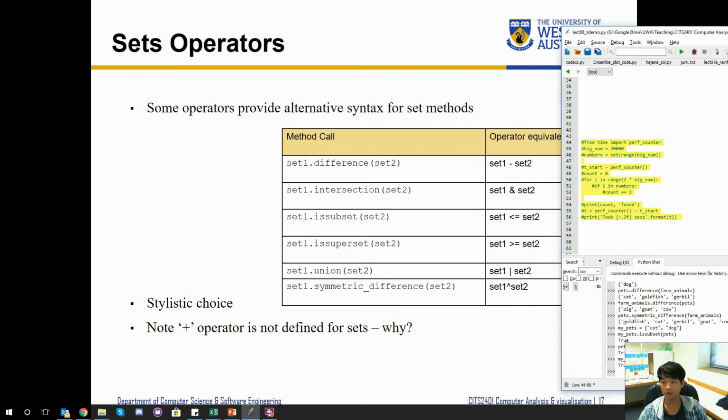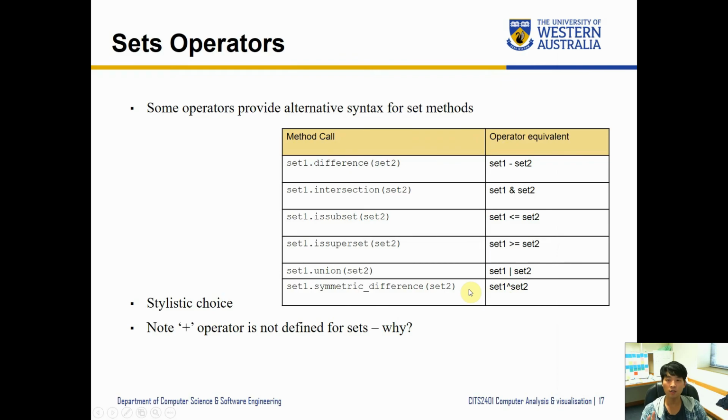Okay, so the same result as before, and pets is a superset of my_pets. It's true, right? Union is done by the straight line, which is normally the key above your enter key on your keyboard. And symmetric difference uses the caret operator. Okay, so you can use these operators rather than typing out the full method names, which is more handy.